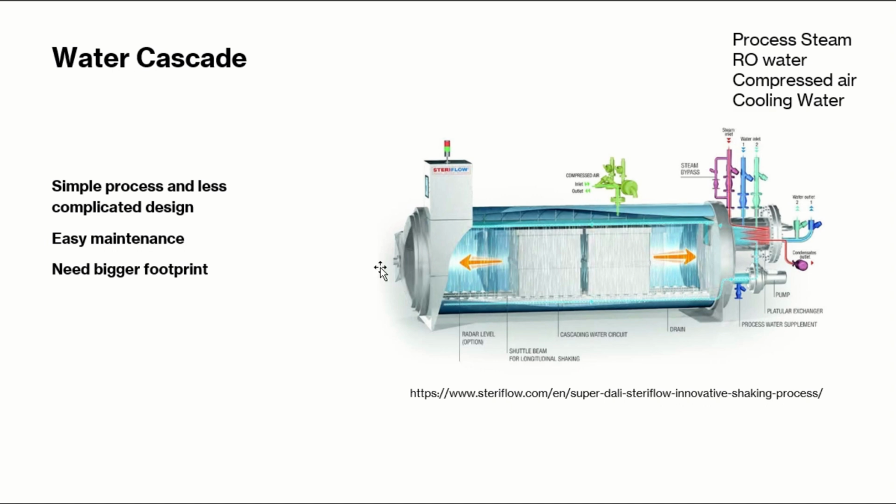But you need a longer machine, with a longer footprint at your facility. Normally this machine is very nice, because it is very easy to maintain. It does not have a very critical design like the spray one, because the spray one has a manifold and lots of nozzles. You need to make sure the nozzles do not choke, and you need to maintain your spray machine quite well. Whereas this cascade machine needs less maintenance and is very simple in a way.